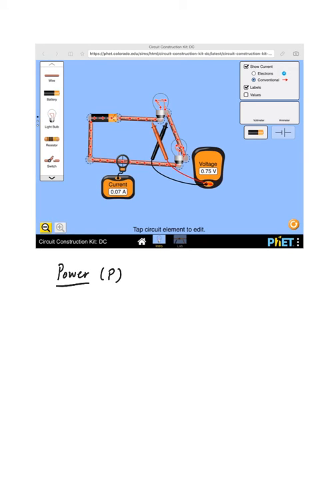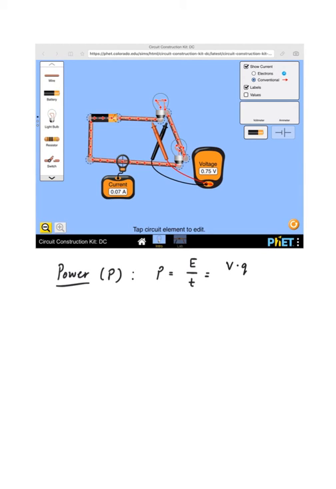If you're into mathematics, we can do this mathematically. We said back in our equations of motion that power was equal to energy divided by time. And in this chapter, we're defining energy in an electrical circuit in terms of voltage and charge.